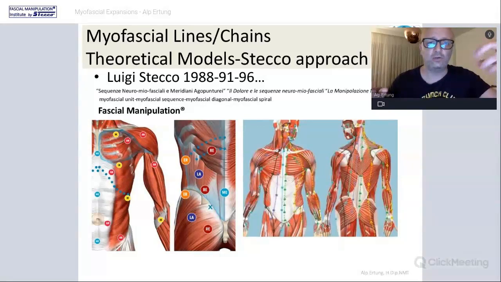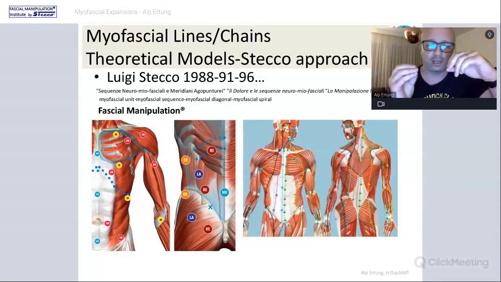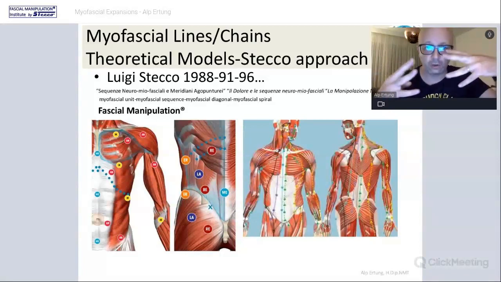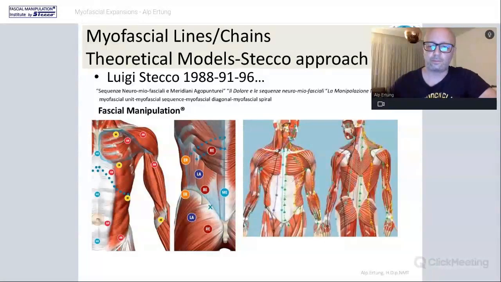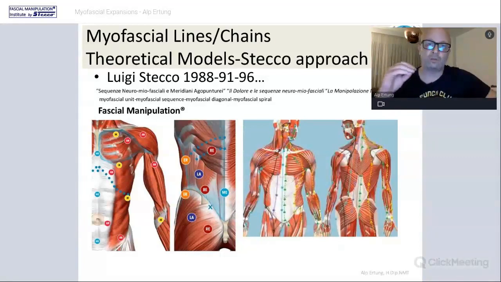It's really good to combine all of these together, because we cannot separate them from each other: the nervous system, the nerve elements, the muscle, and the fascial tissues. They are all working together. It's really nice to see this integration of the body parts, of the segments, of the structures, with a strong support of anatomical evidence, a really strong hypothesis and a really strong theoretical model that Luigi Stecco created.